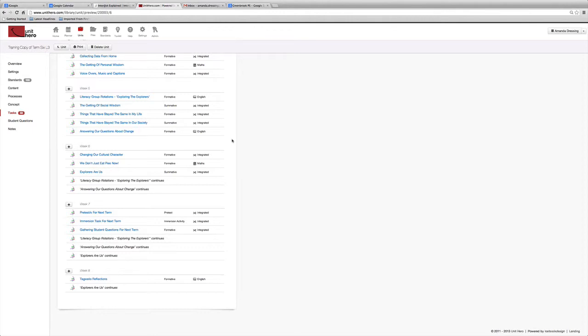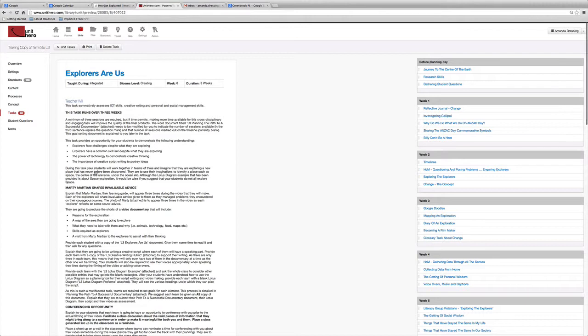We then design the rich summative assessment task, in this case, Explorers Are Us, that allows you to ascertain whether your students have achieved the goals and aims of this unit. So that is the place to start, by having a look at that task and having a really good read of it. Then you can understand what all of the other tasks are leading towards.